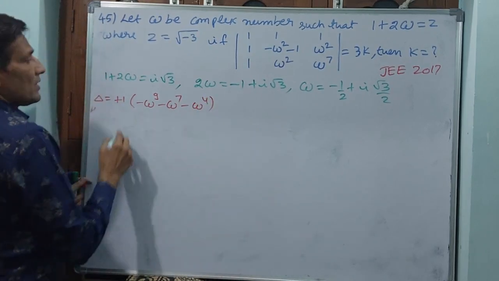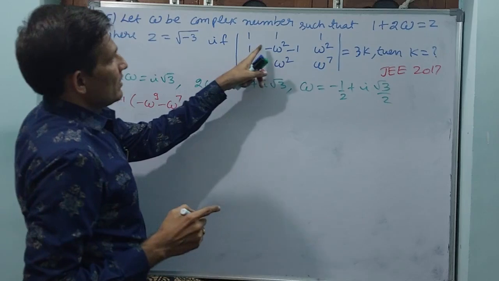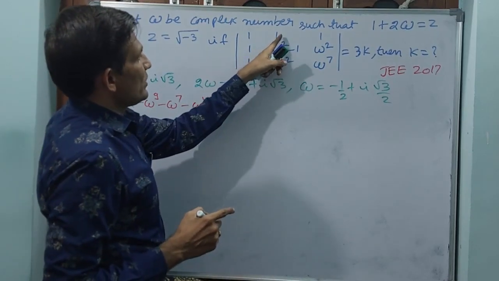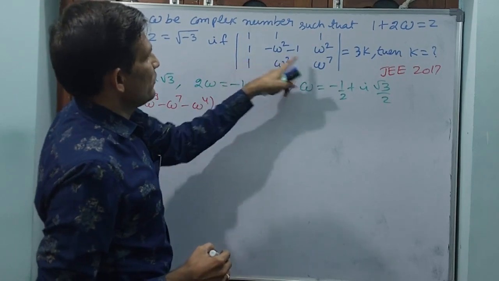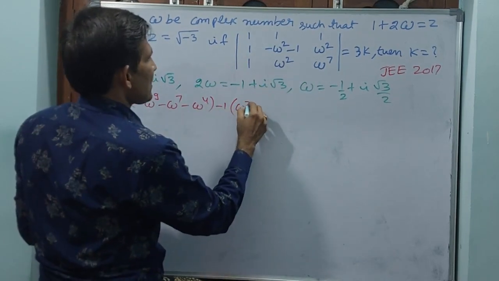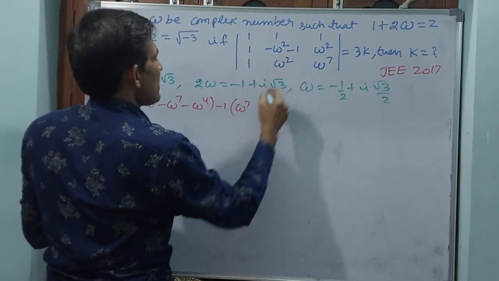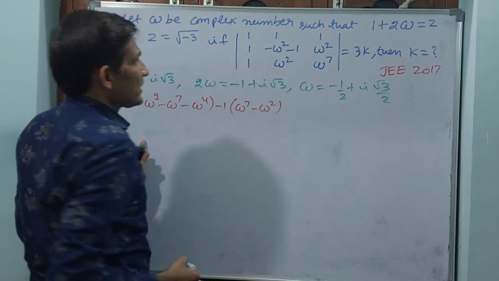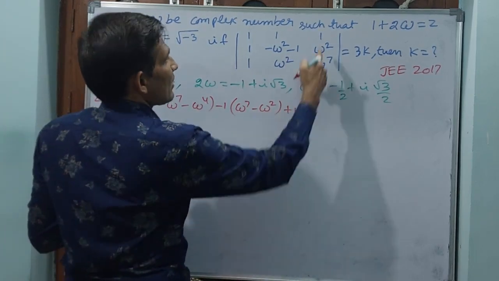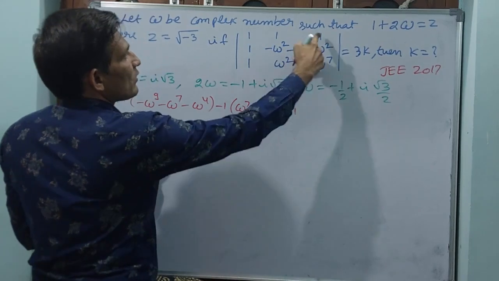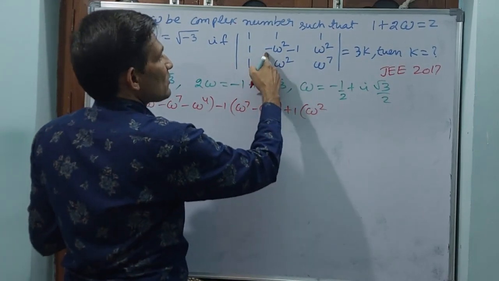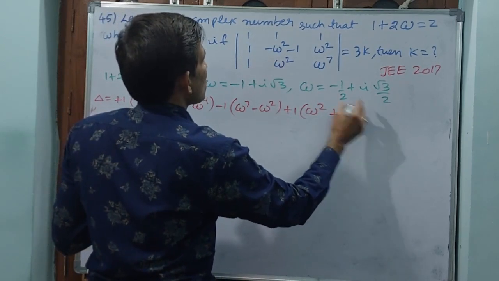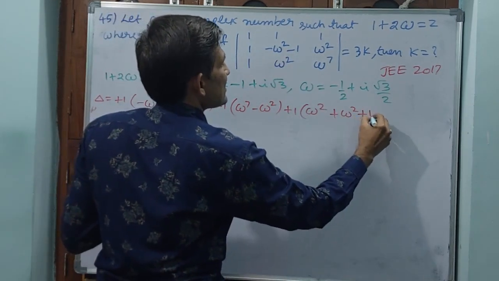Okay, this is 1. And you take this minus 1 into omega to the power of 7 minus omega square. Minus 1 plus 1, last one, plus 1 into omega square minus of minus plus 1.